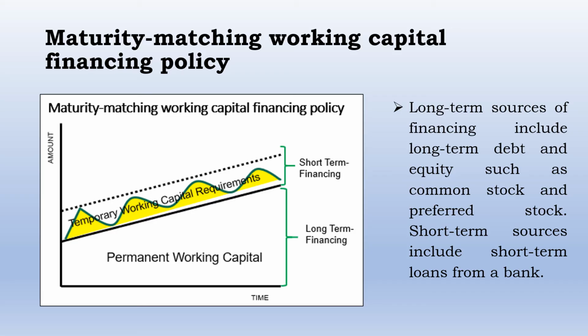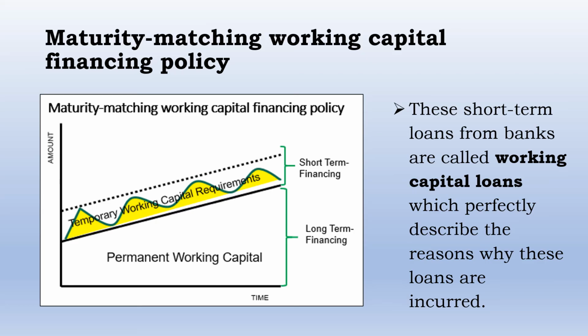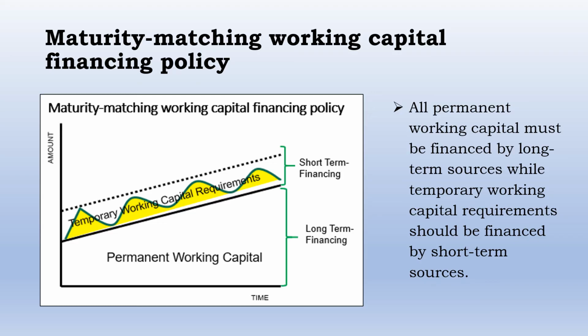Short-term sources include short-term loans from a bank. These short-term loans from banks are called working capital loans, which perfectly describe the reasons why these loans are incurred. All permanent working capital must be financed by long-term sources, while temporary working capital requirements should be financed by short-term sources.